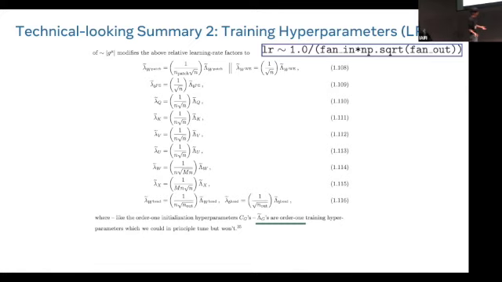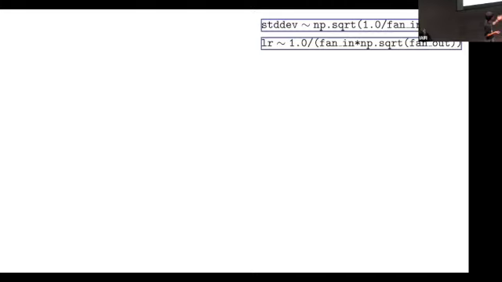To go beyond flavor, you always have to sit and read and do calculations on your own. Anyhow, these are the two main equations: standard deviation should be 1 over square root of fan-in, and I'm going to focus on Adam W, so the learning rate should be scaled as such and such.